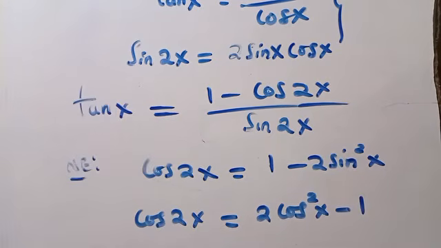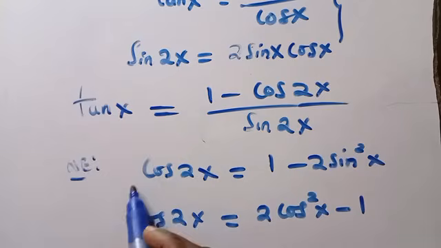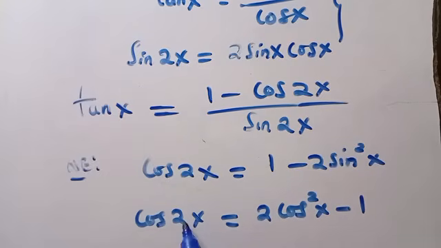So this is what we are going to have. These are two double angle formulas for cos, and we still have another one, which is cos squared x minus sine squared x, but we don't need that. Out of these, what we need is cos 2x equals 1 minus 2 sine squared x.